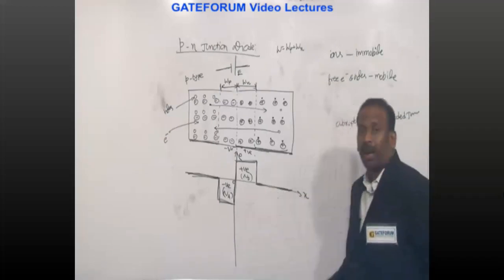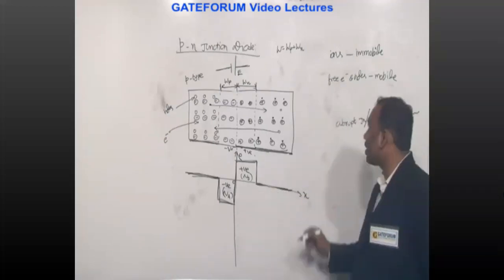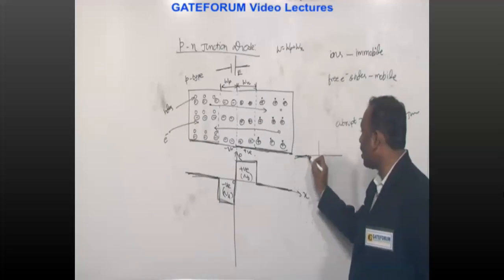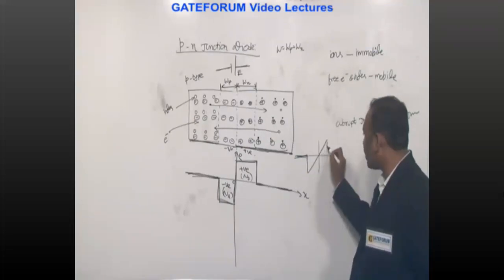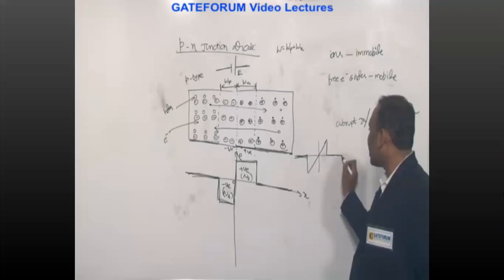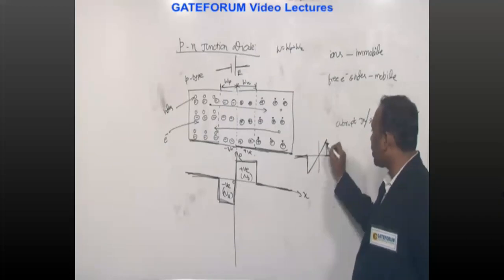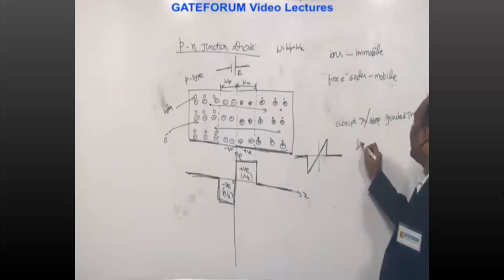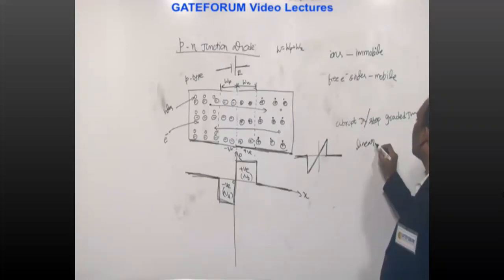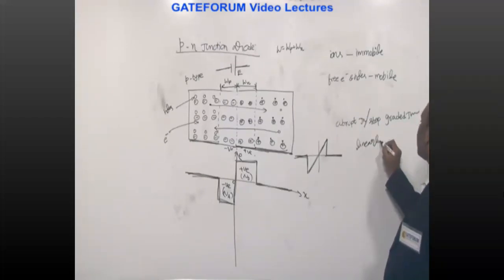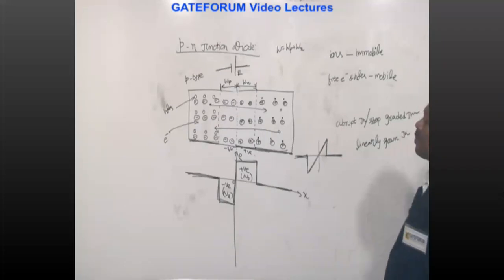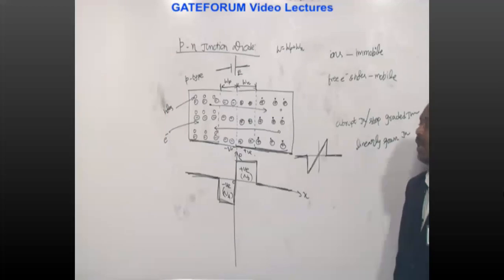Instead of this way of charge density plot, there is one more plot. Here it is neutral, here it will be like this. Once again here it's neutral. From here it's increasing linearly, therefore it's called a linearly grown junction or linear junction.